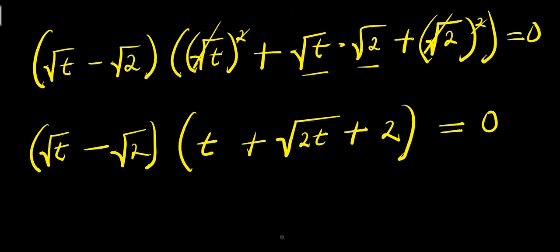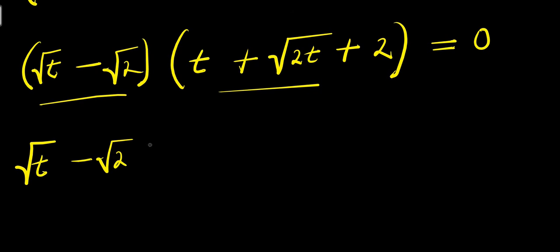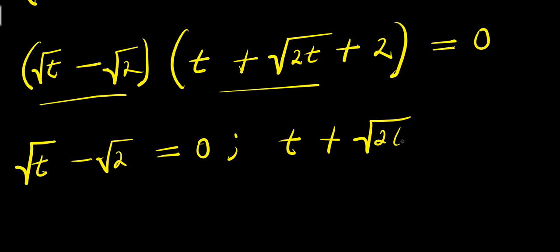And this equals 0. From here, I can equate each of these to 0. I have square root of t minus square root of 2 equals 0. I have t plus square root of 2t plus 2 equals 0. So let's solve these individual equations.